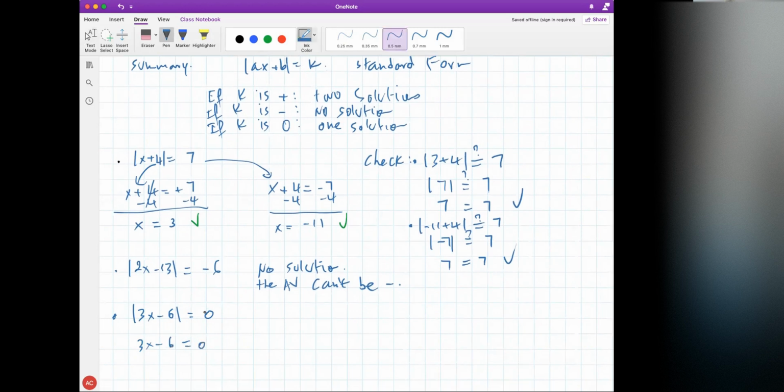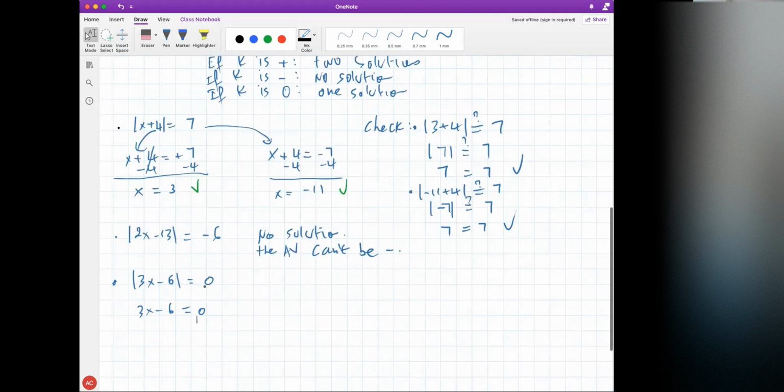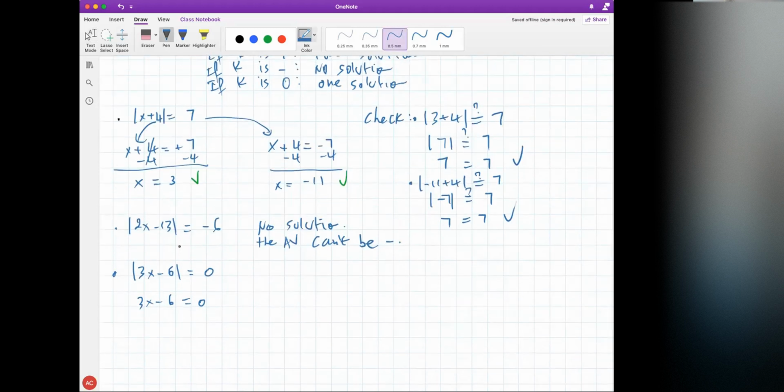We're going to solve for x. We ignore the absolute value and simply solve. We only need one equation because there's one solution. When k is positive, that's when you need two equations. Solve like we did last time with first degree equations. 3x equals 6, divided by 3, so x is 2.